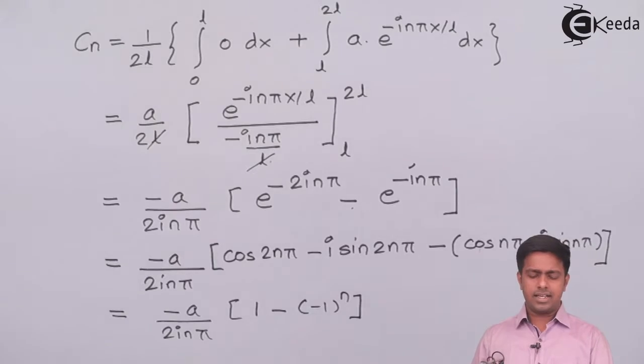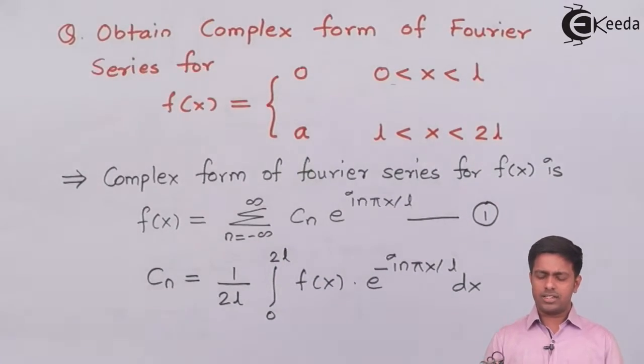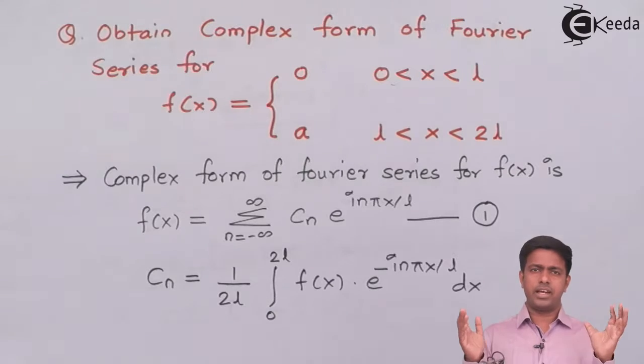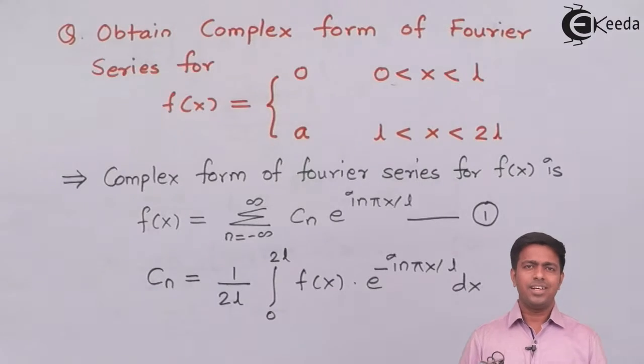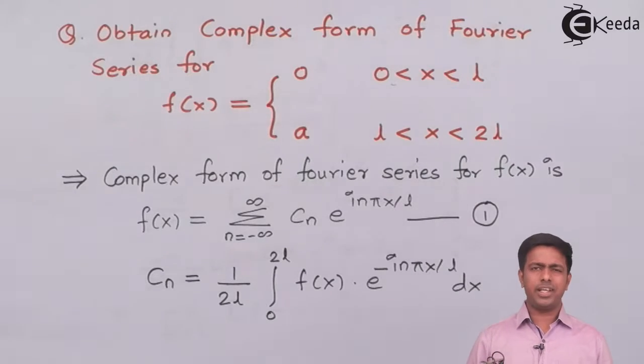And since guys this is a summation, and summation is nothing but addition, if in the addition one term becomes infinity and the other terms are finite, still the addition will be infinite. So we should not get that, we should get a finite answer. So it means that the value of Cn at n equal to 0 is not acceptable.